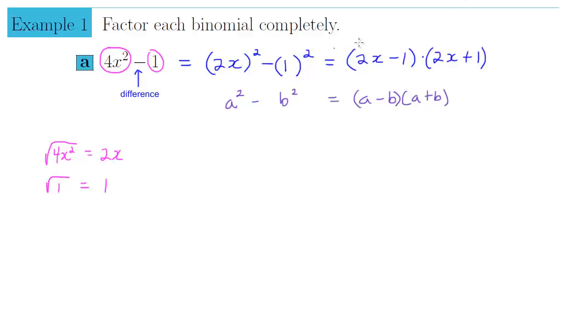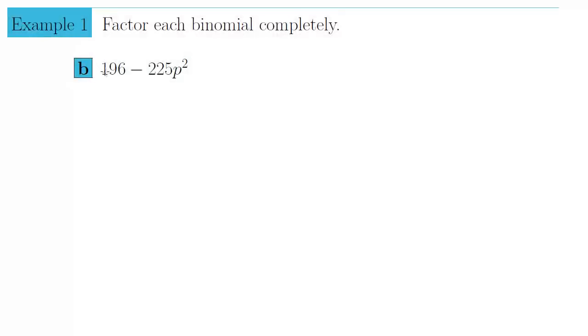So we've used our difference of squares formula to factor 4x squared minus 1 into 2x minus 1, 2x plus 1.